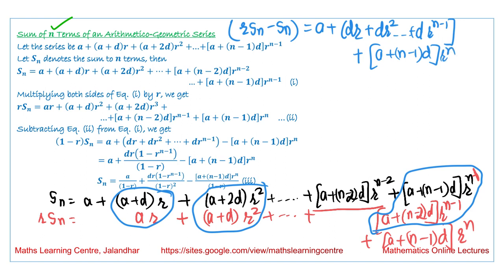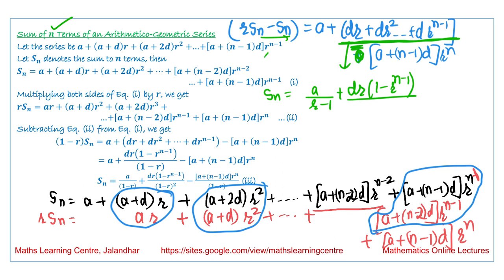Now from this, the value of Sn is equal to a over r minus 1. The sum of these terms is dr into, since we are subtracting these values, there is a negative sign, so dr into 1 minus r raised to the power n minus 1 over r minus 1.